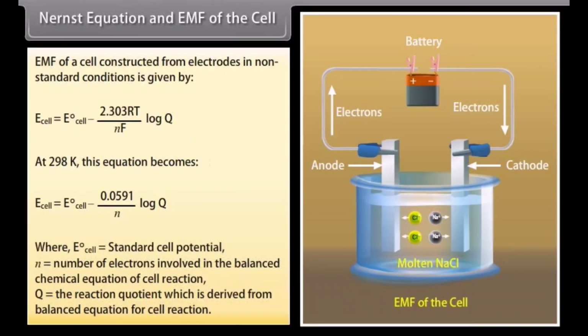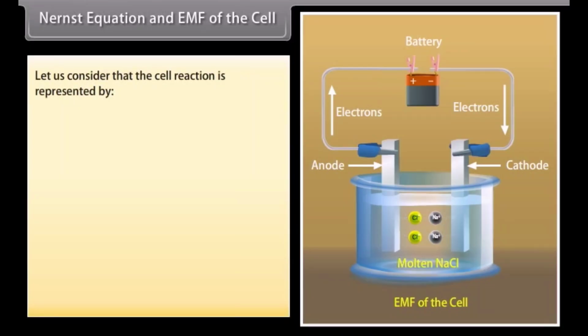Here, E naught cell is equal to standard cell potential, n is equal to number of electrons involved in the balanced chemical equation of cell reaction, Q is equal to the reaction quotient which is derived from the balanced equation for the cell reaction.